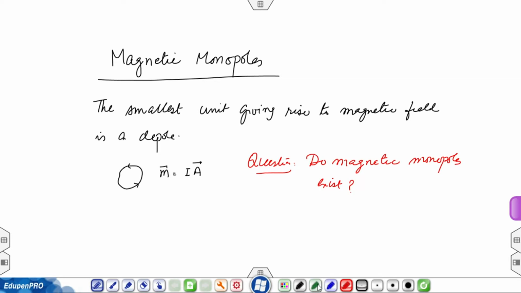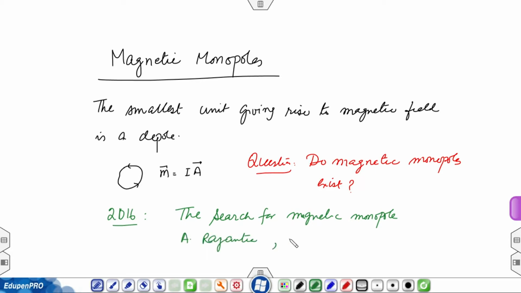For example, as late as in 2016, there is a review or discussion paper in Physics Today, the search for magnetic monopole, by A. Rajantia, Physics Today, volume 69, page number 40, 2016. So, you see, even in the 21st century people are talking about it, and a lot of people have been interested.